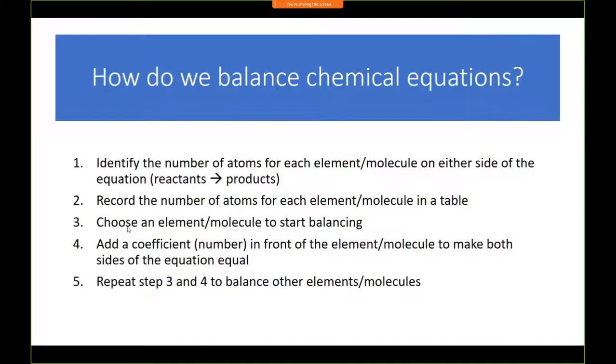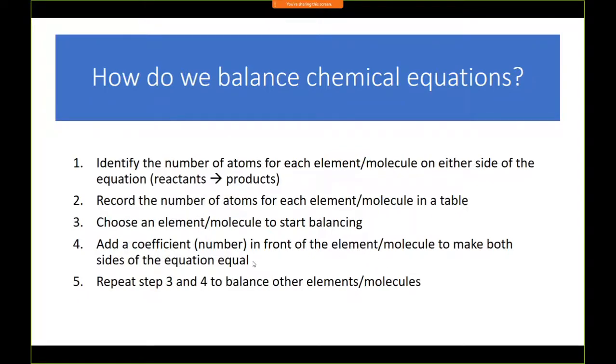Step 3 is you choose an element or molecule to start balancing. It doesn't matter which one you pick. I would go from left to right, but with experience you can pick a different one. Step 4, you add a coefficient. A coefficient is something you multiply by, it's not adding. When you add a coefficient in front of the element, you can recalculate the number of atoms.